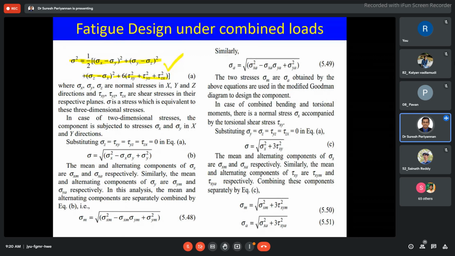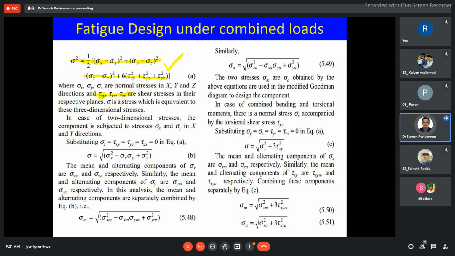This equation is obtained using our distortion energy theory. For the simple case, we think about only the two-dimensional case, no need to go for the three-dimensional case. Sigma x, sigma y, sigma z are normal stresses, and tau xy, tau yz, tau zx are shear stresses. If you put tau yx instead of tau xy, that is the complementary shear stress. These six stress components are independent, and tau yx, tau zy, tau xz are dependent stress components.